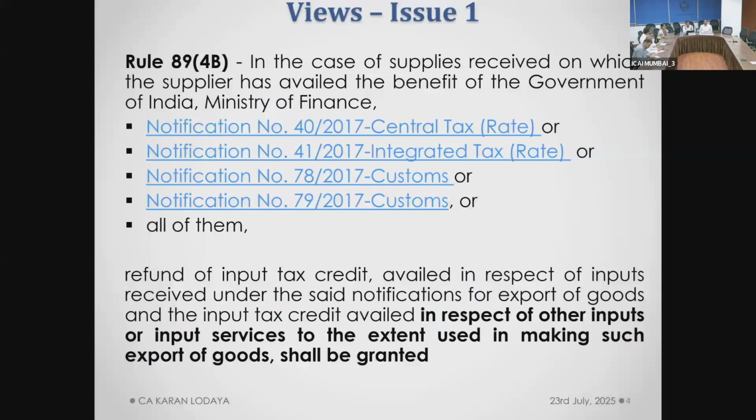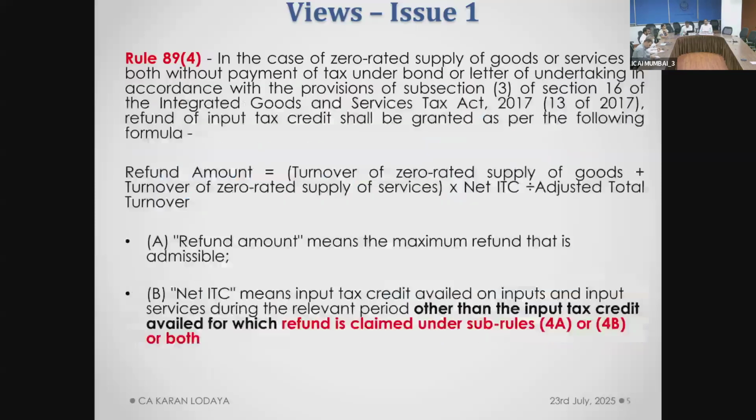This is one of the rules under which you have to claim refund. Correct? So whether I have to compulsorily claim under 89(4B) or I can claim under any other rule is the issue. Because in the question he has claimed under 89(4). Department is telling you to claim under 89(4B). Partially, it should be allowed under 89(4).